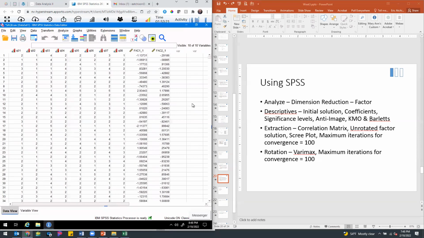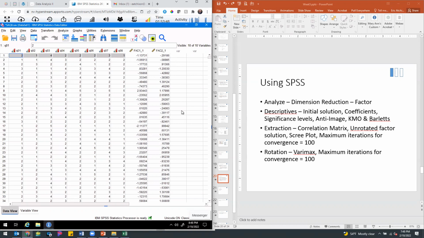Look at that, factor 1 and factor 2 scores. Remember, I went in and saved the regression scores. That's what this is. So based on the combination of all of their responses to these 8 items, this person's factor 1 score, this person's factor 2 score, right? So they're probably more on the factor 2 side. Oh, wait, no, apologies.